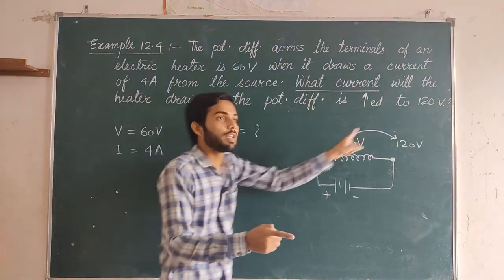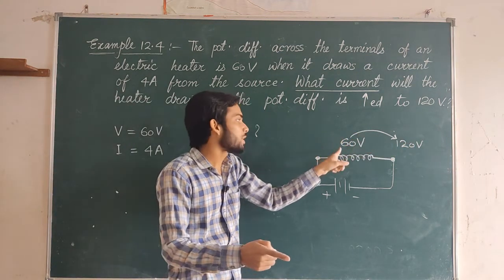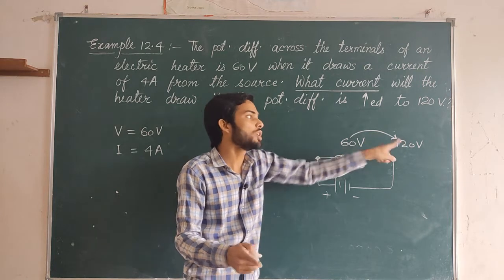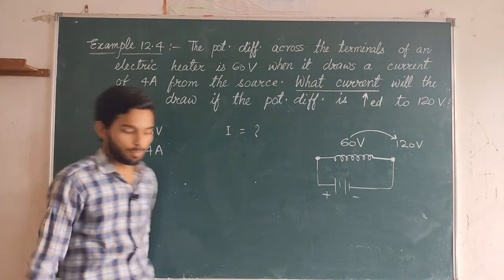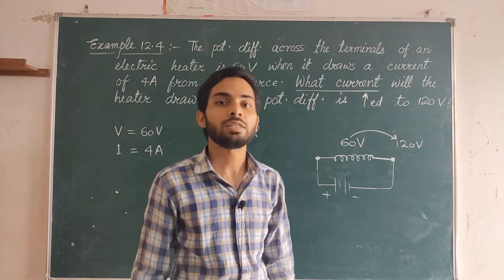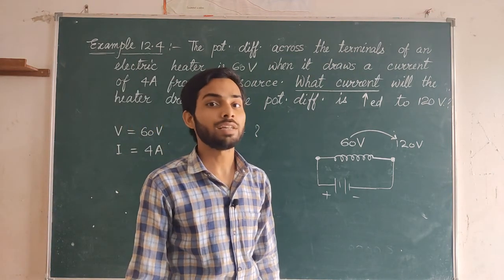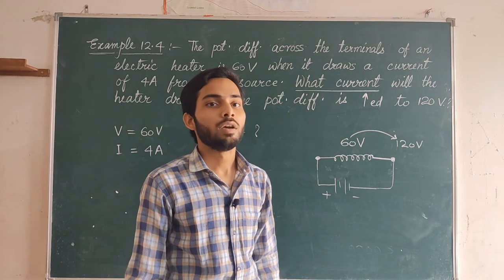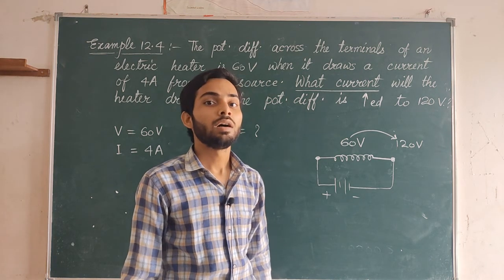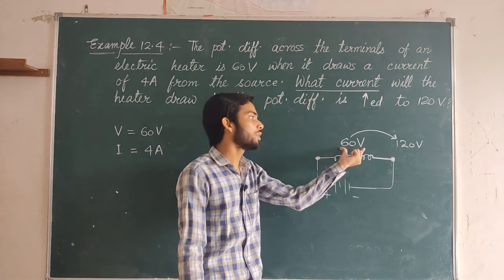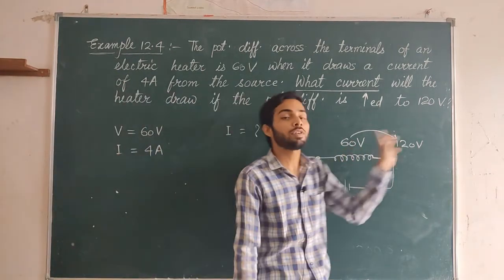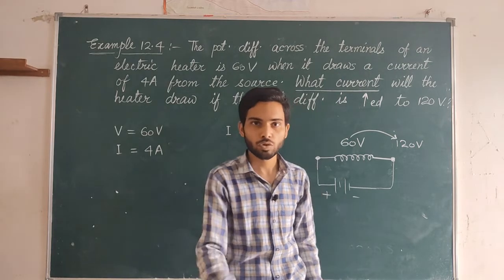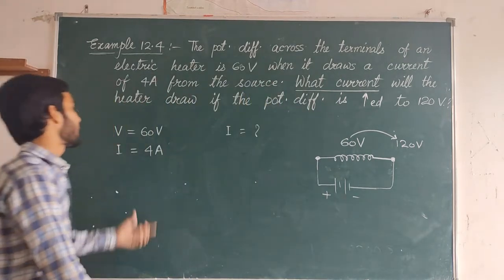The potential difference is becoming double, 60 to 120, so the amount of current will also become double. But we cannot write the answer directly. We have to calculate it. We will have to prove how the amount of current is becoming double when the potential difference is becoming double.